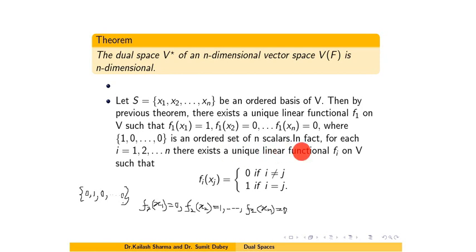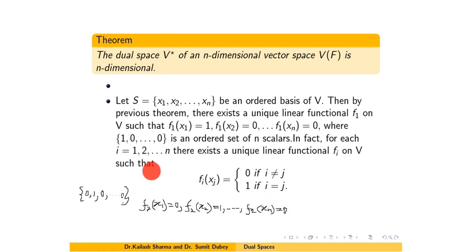In fact, for each i from 1 so on up to n, there exists a unique linear functional fi on V such that fi(xj) = 0 if i not equal to j, 1 if i equal to j.